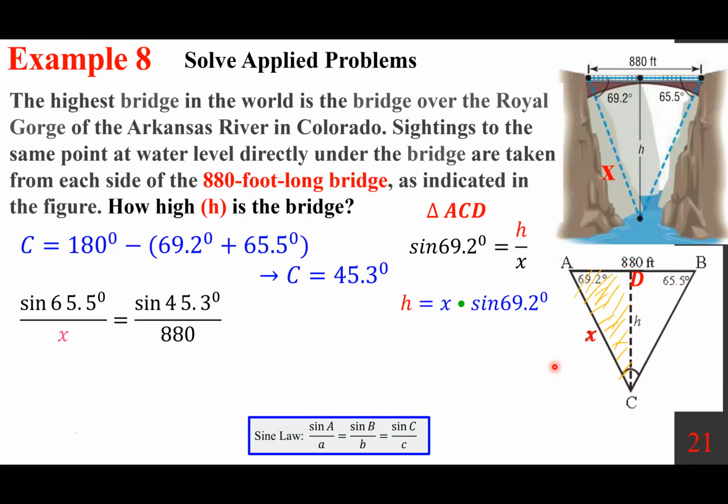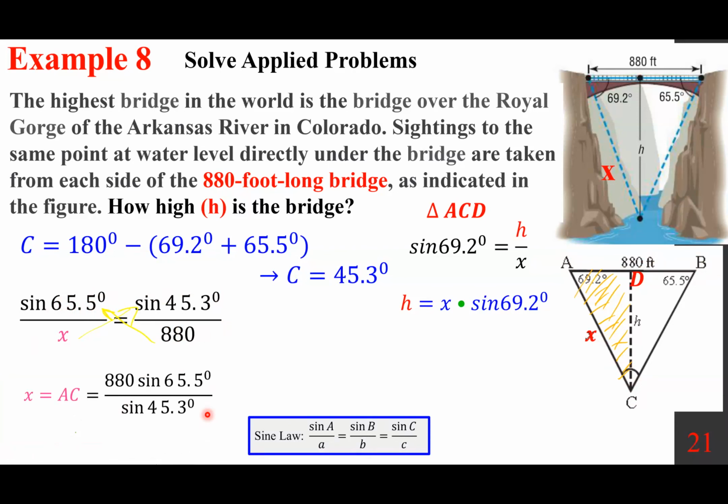Sine of C, 45.3 degrees, is opposite the AB, 880. Therefore, the cross product gives us the product of these two divided by this one. Okay, cross product. X is 880 times sine of 65.5 degrees over the sine of 45.3 degrees. And you put it into a calculator. So X or AC.